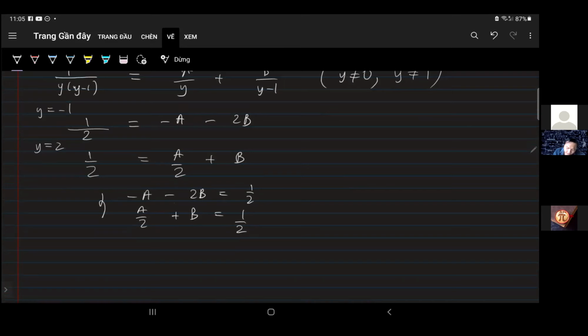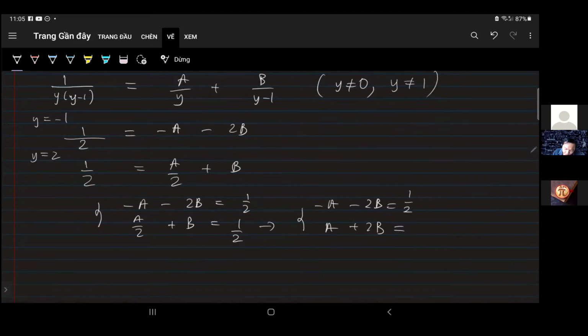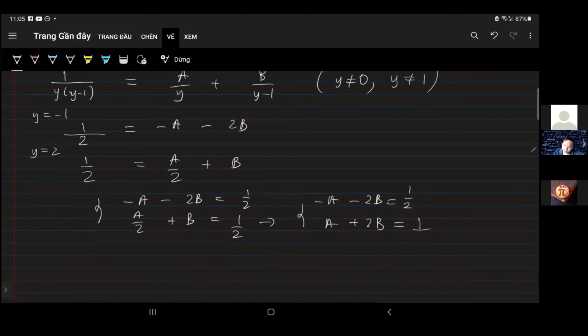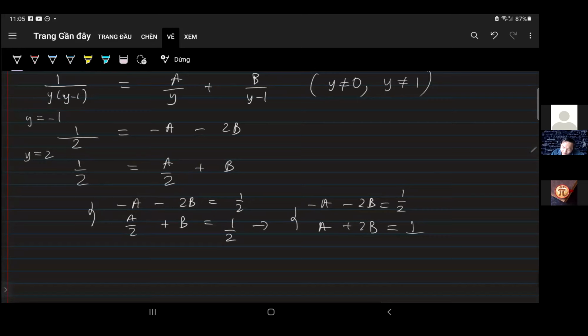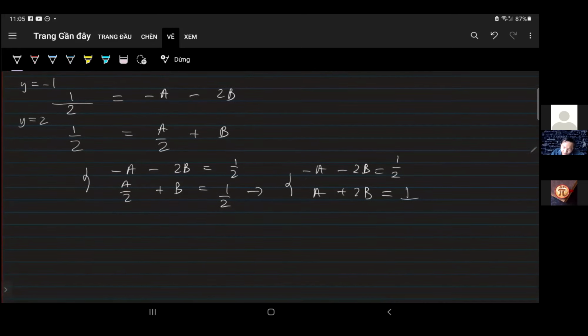And I just multiply this equation by 2 to get a plus 2b equal to 1, okay, and I add the first one.